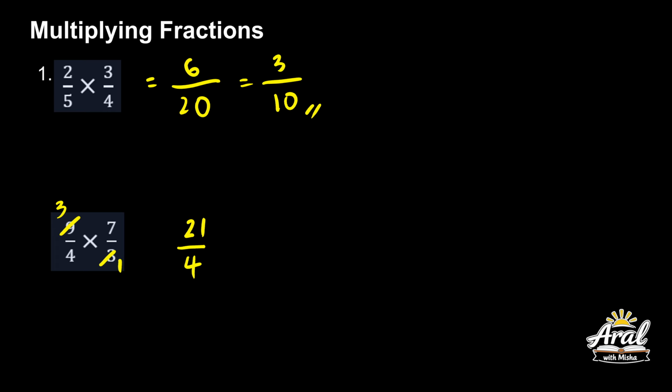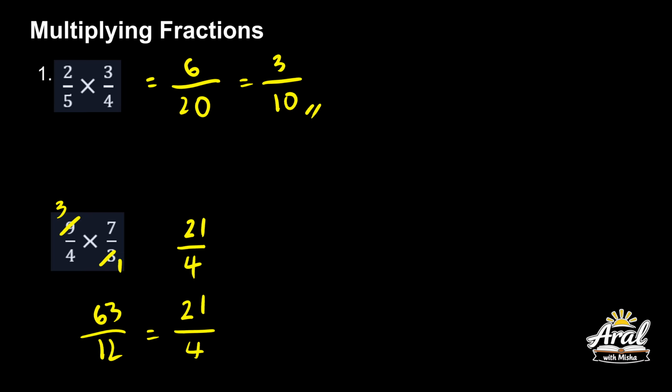Kung hindi tayo nag-simplify ng 3, 9 times 7 is 63 over 12. Pag further simplify yan, divide both sides by 3, 12 divided by 3 is 4, then 63 divided by 3 is 21, di ba?